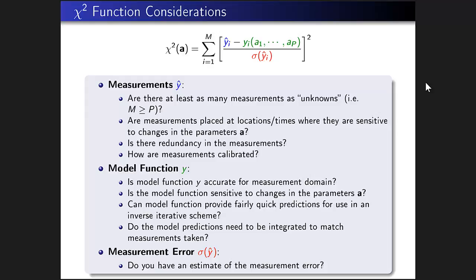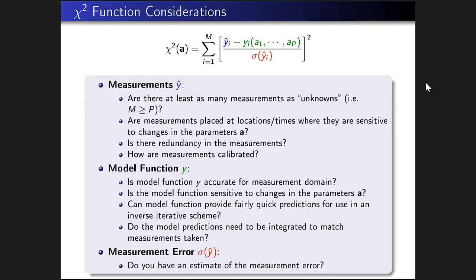Is the model function sensitive to the changes in the parameters? Just like SDA, it's based on mu S prime and mu A, but it has no knowledge of G. So you have to make sure that you pick your model function so that it can give you back the information that you need.